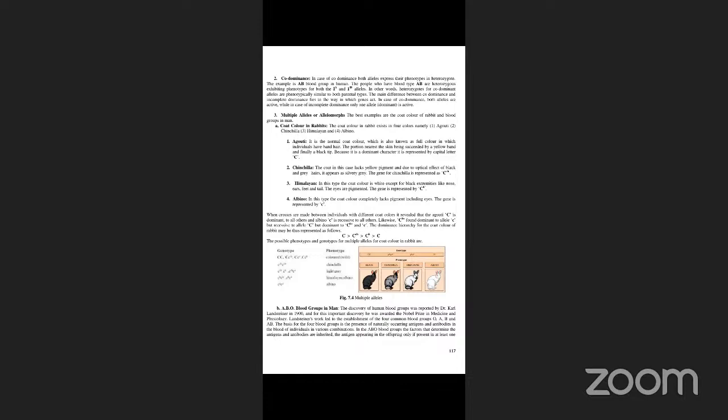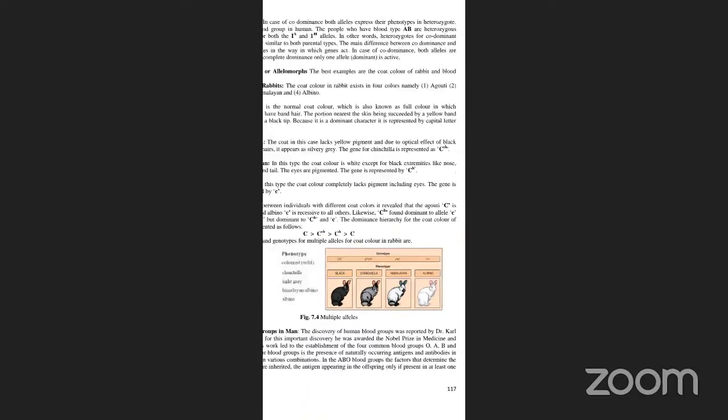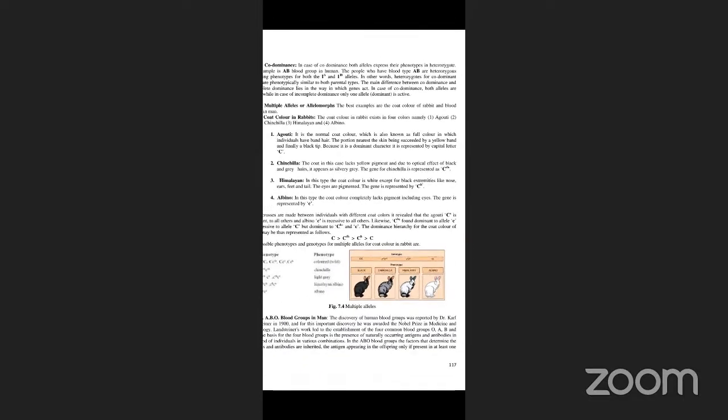Agouti is the normal coat color, full color, in which they have banded hair. Here you can see agouti, which is black, the portion nearest to the skin being succeeded by a yellow band, and finally a black tip, because it is a dominant character.